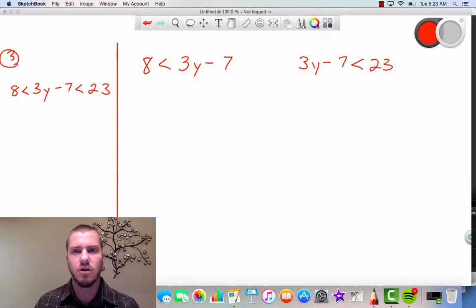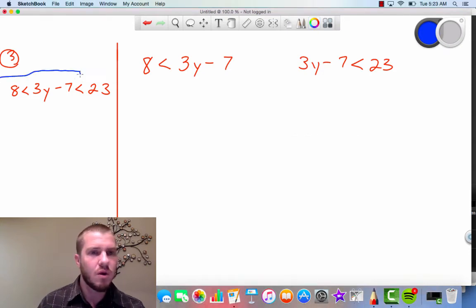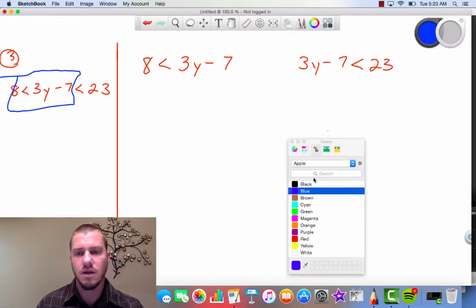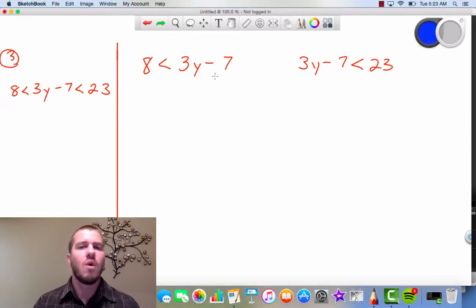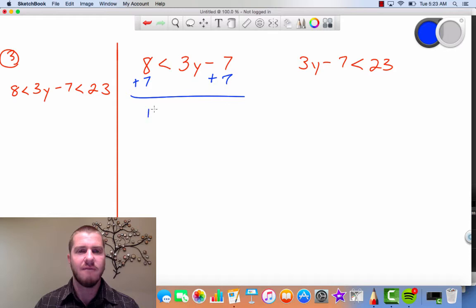So basically what you're doing is you're doing this inequality as one, and then you're doing this inequality as another one. So I'm just solving these now. So add 7, and I have 15 is less than 3y, divide by 3.